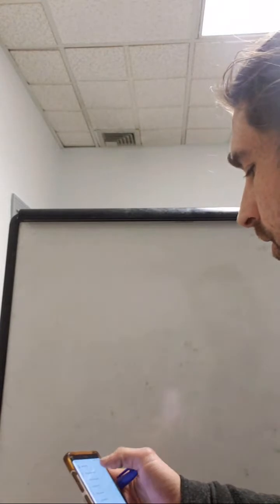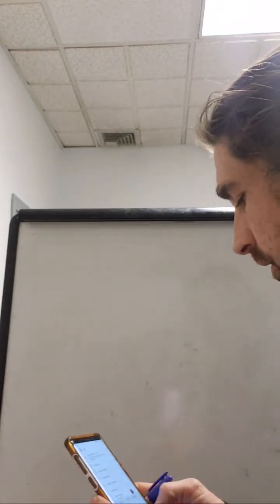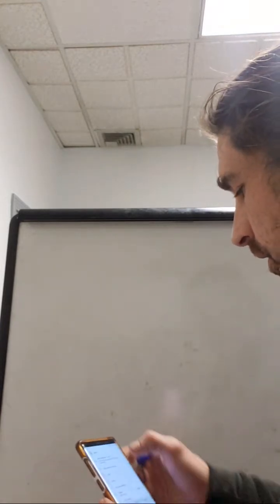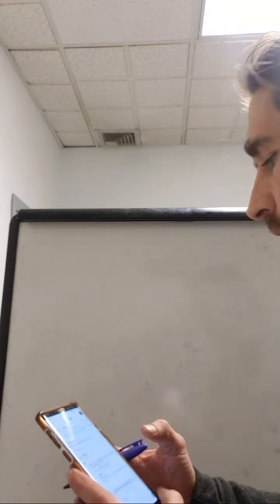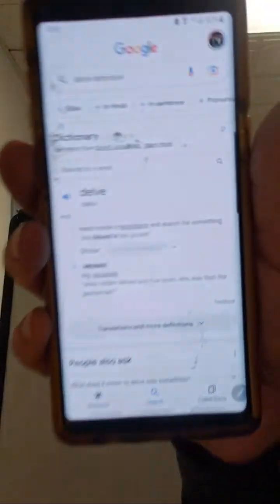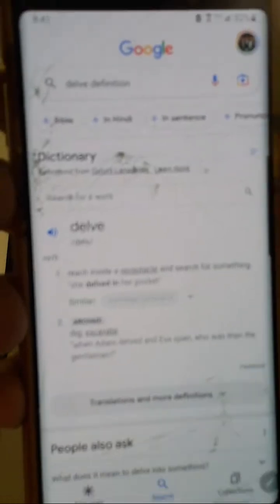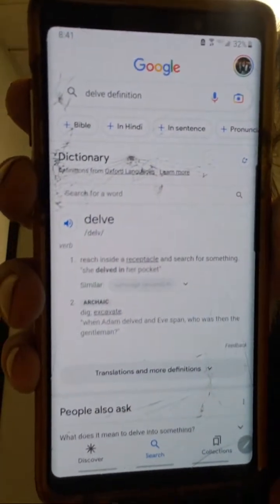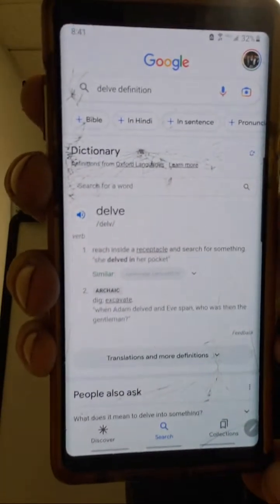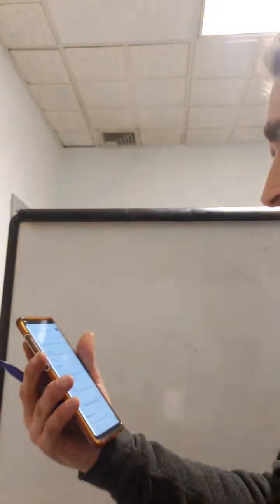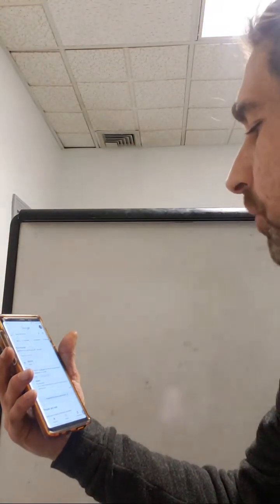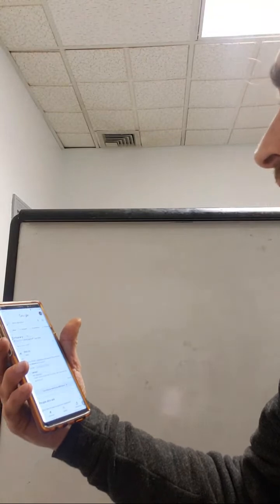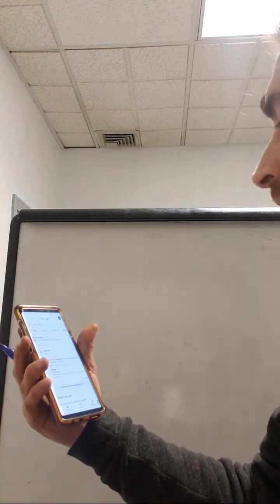So I left it off saying when you look into that word delve, I was looking up devil. You look up the Wikipedia, right? So it says, reach inside a receptacle and search for something. She delved in her pocket.